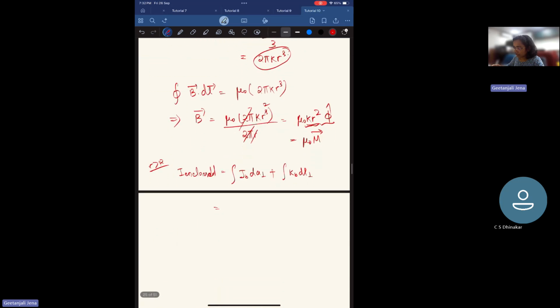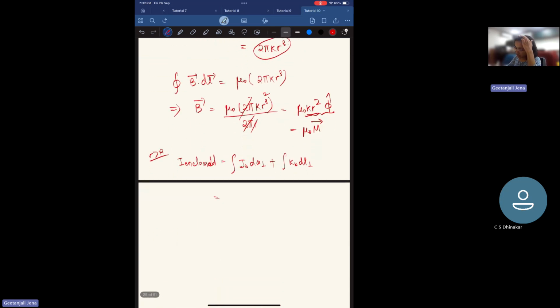This we have got for the outside, where r runs from 0 to capital R. So this will give 2πk R³.